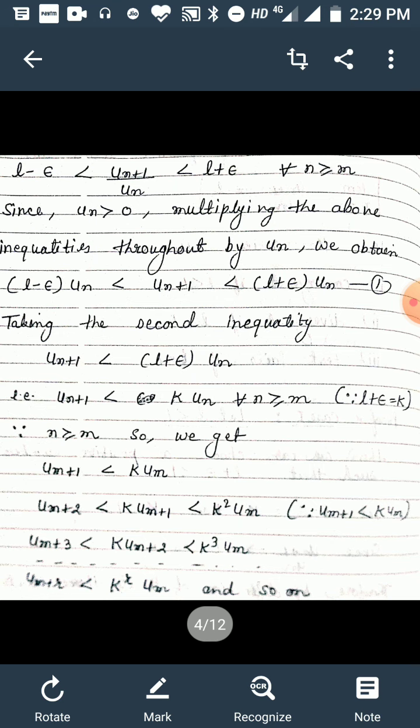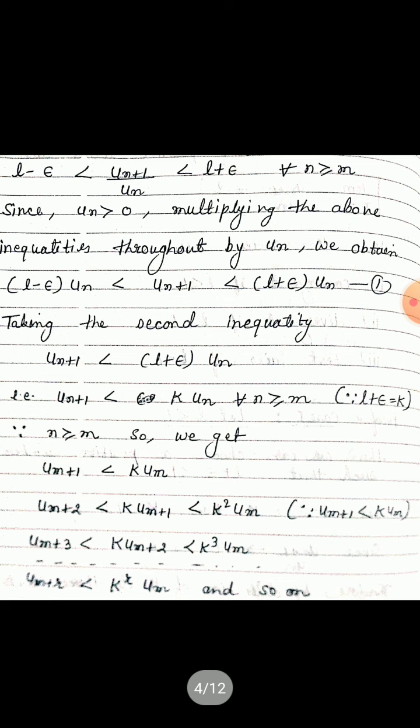Similarly, um plus 3 is less than k um plus 2, which using the above inequality is less than k square um, so finally um plus 3 is less than k cube um. Proceeding in this way, um plus r is less than k to the power r um, and so on.